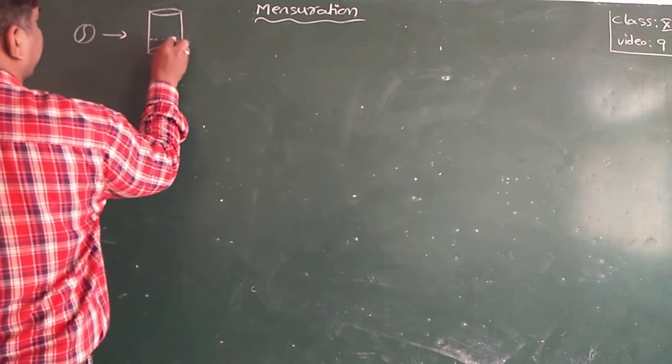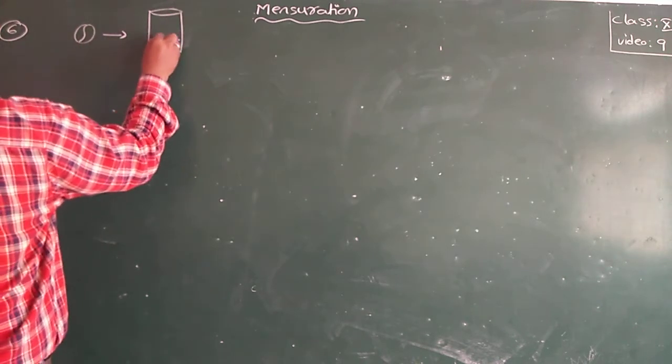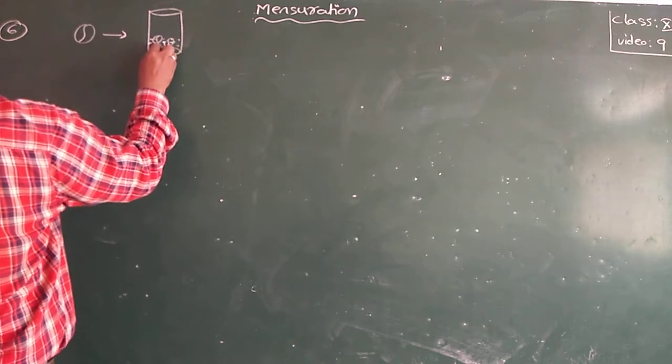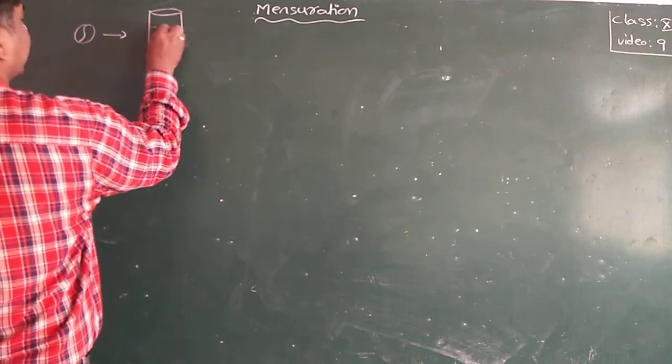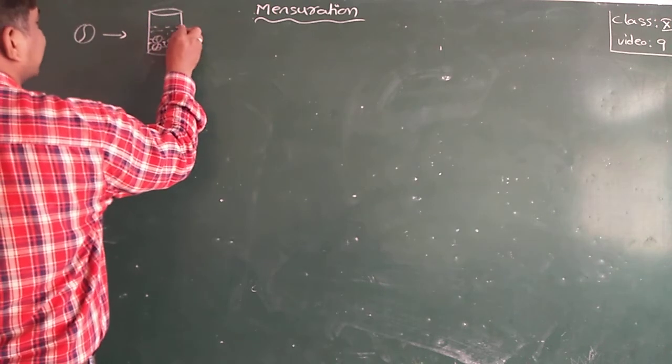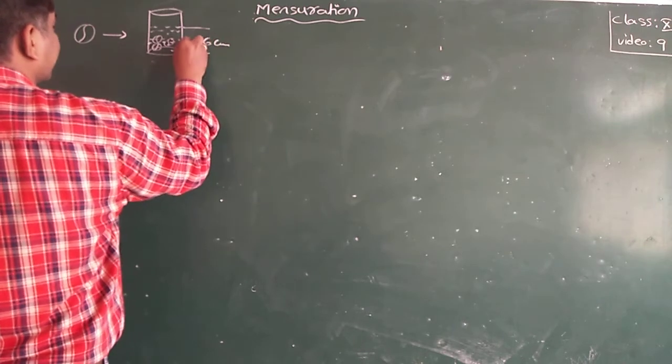Water level is still here only. Suppose when you drop the spherical marbles, this water level rises till here. Means water level height is 5.6 centimeters. This is only h.